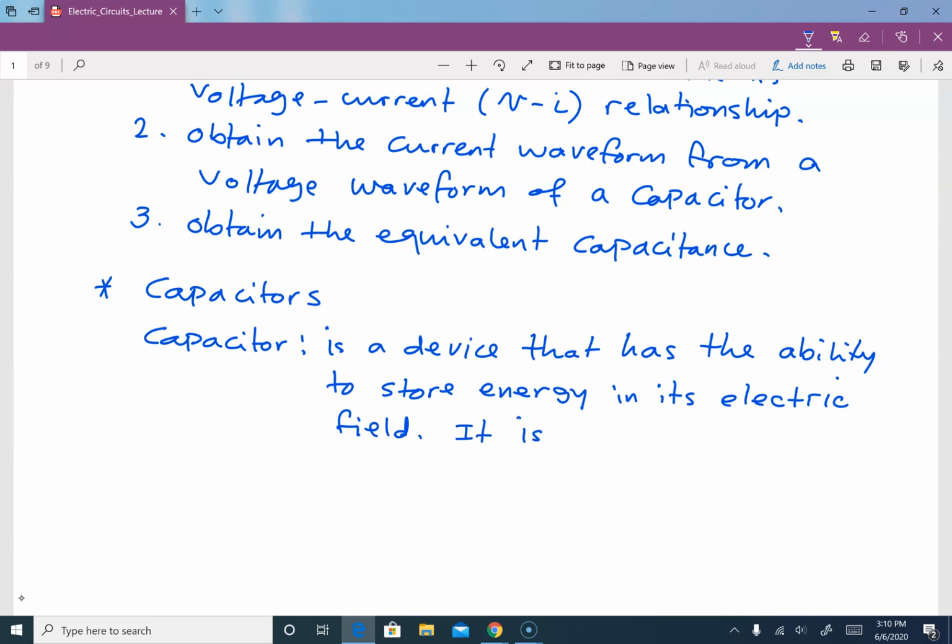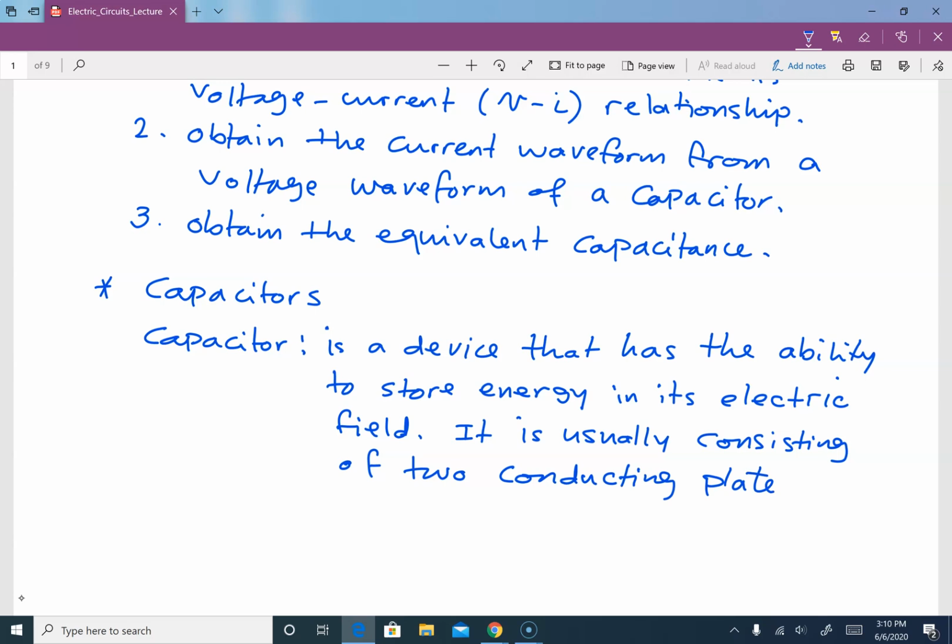It is usually consisting of two conducting plates separated by insulator, or we call it dielectric.